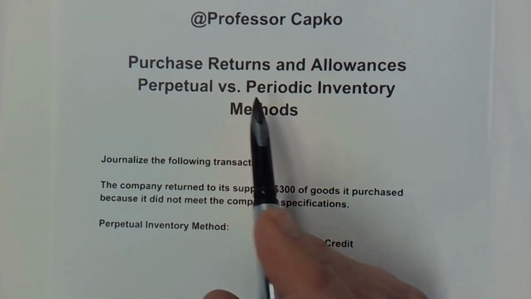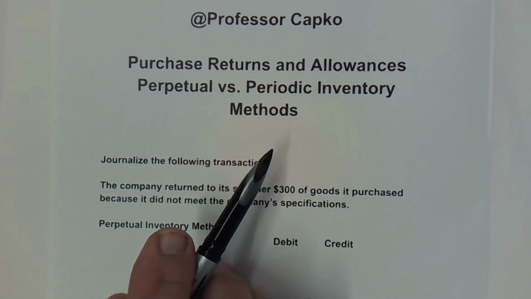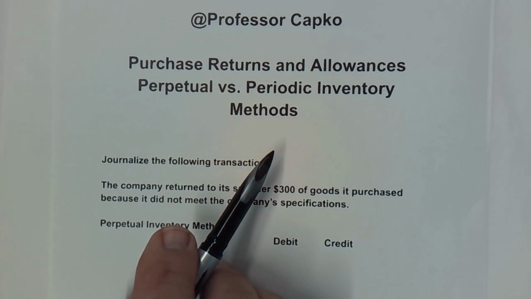All right, what is a purchase return and allowance? Well, that is where a company purchases merchandise or goods from their supplier, and for whatever reason, it may not be up to standards.